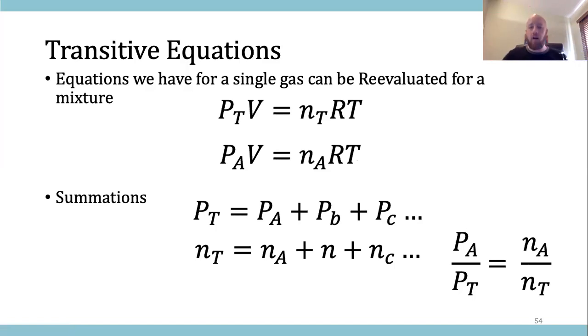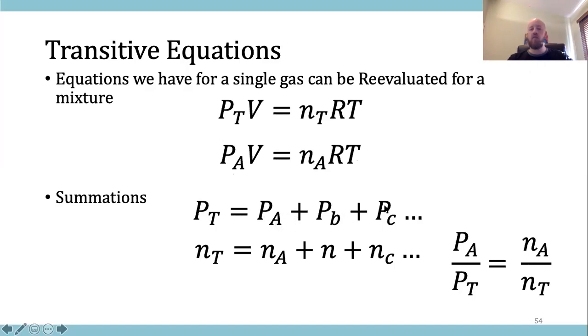So in my tire, everything in there is the same temperature and the same volume, and R is just a gas constant. So the only variables really are the pressure and the number of moles of stuff. So the summations should be relatively straightforward.